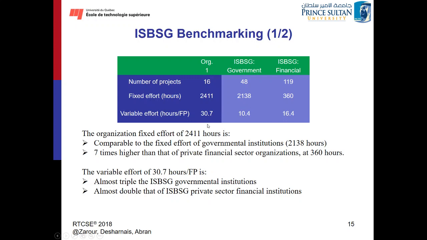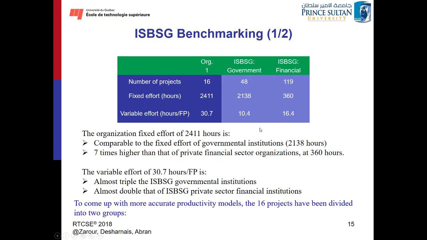And as you can see, the organization's fixed effort, which is 2011, for example, is very comparable to the fixed effort of the governmental institutions, but it is almost 7 times higher than that for the financial sector. And for the variable effort, it is almost triple the ISBSG governmental sample, while it is almost double that of the private sector.